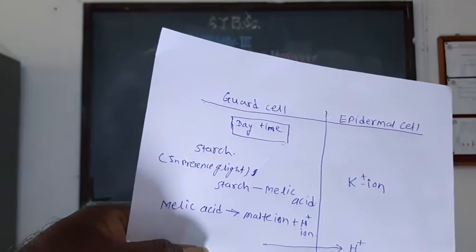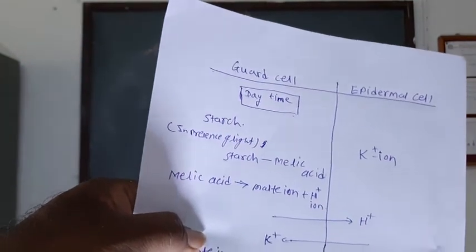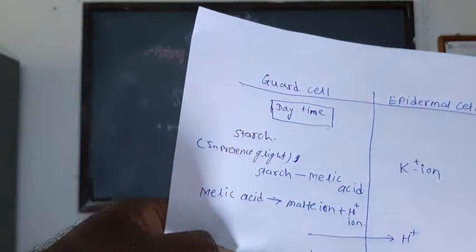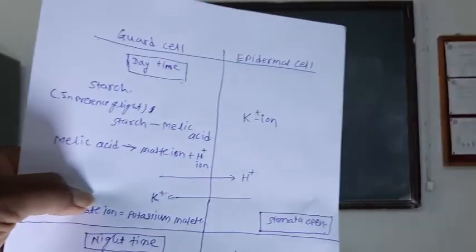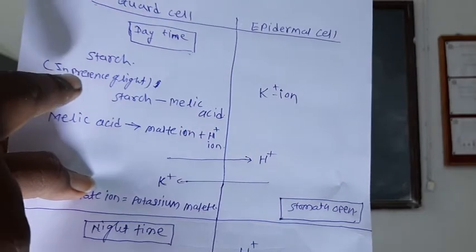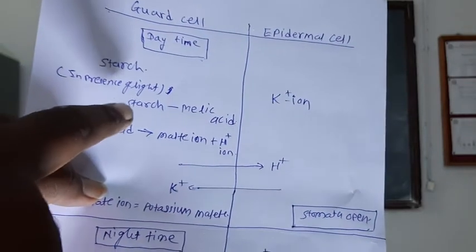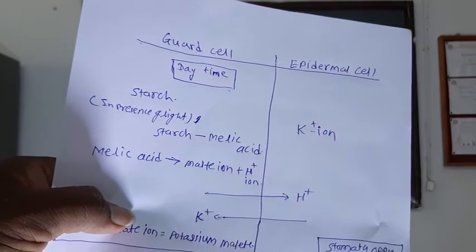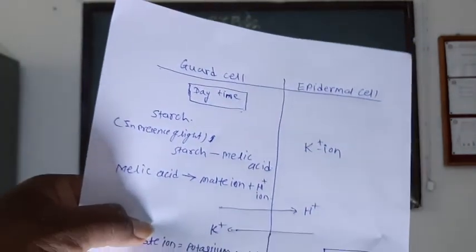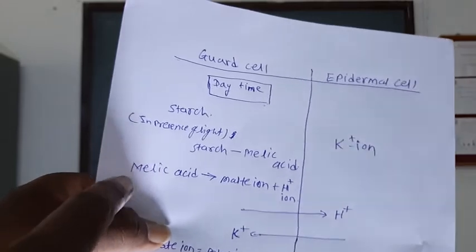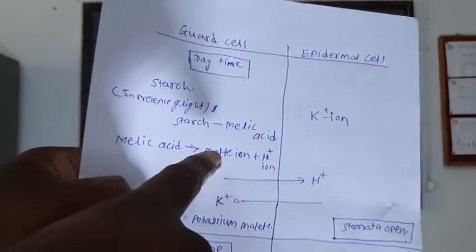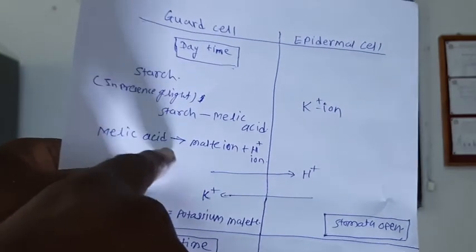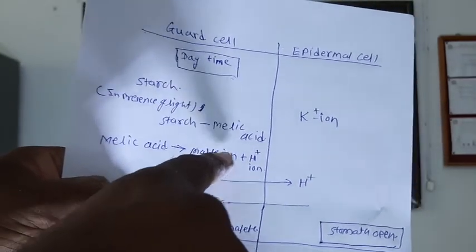During daytime, starch is present in the guard cell. Then in the presence of light, such starch is converted into malic acid. Then such malic acid splits into malate ion and hydrogen ion.